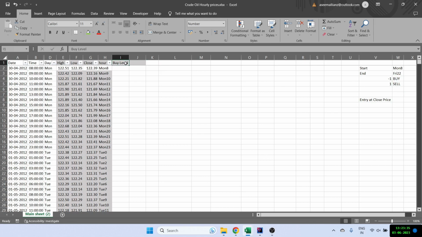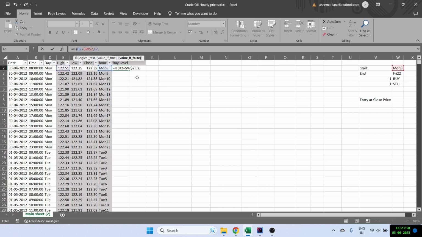So let's put our buying levels first. My buying level will be: if this is equal to the starting time, the 8 o'clock, then in that case I want the high, because that becomes the high price.